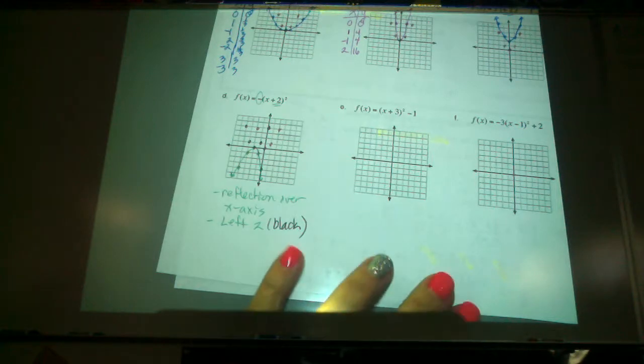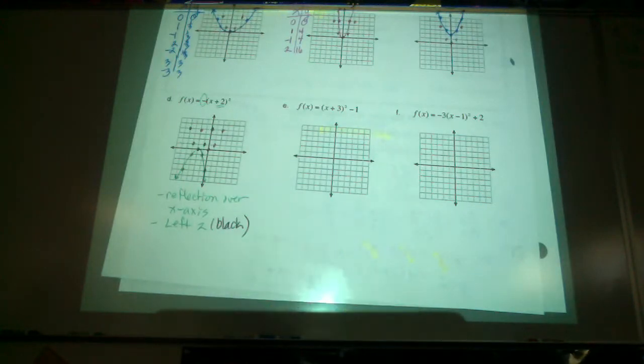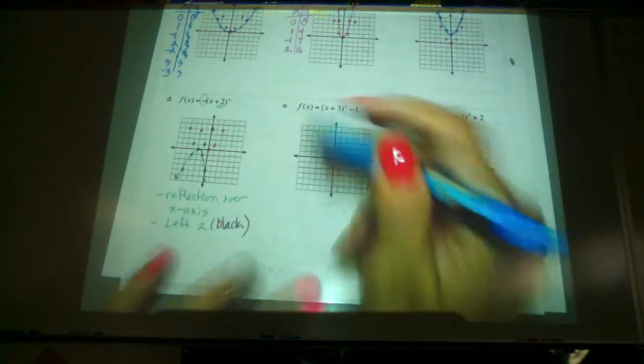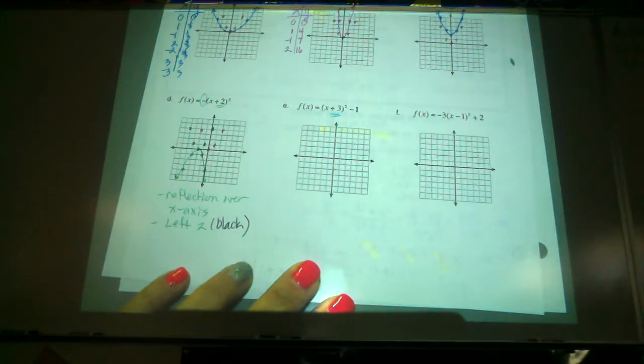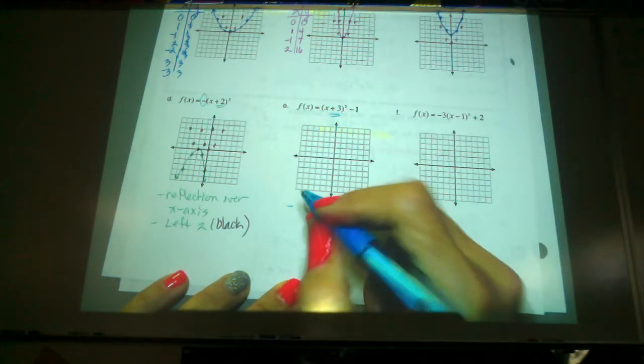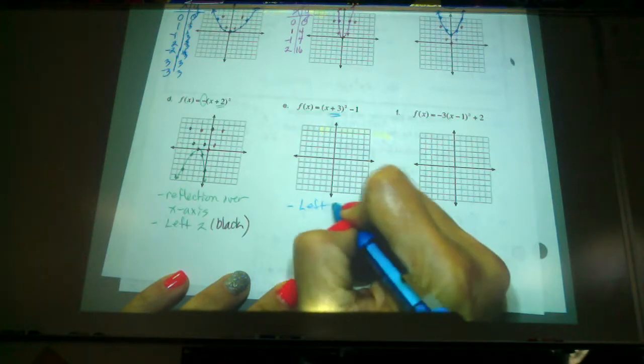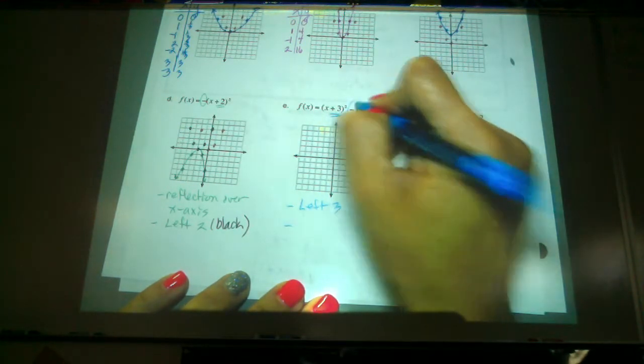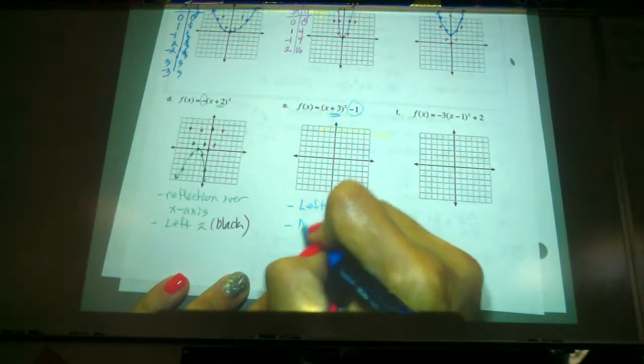So then on E, we have what going on? What does this mean? Left 3, and then what does this mean? Down 1.